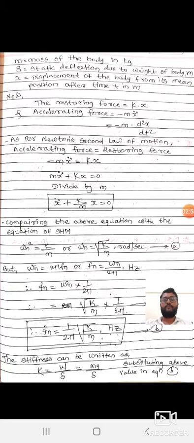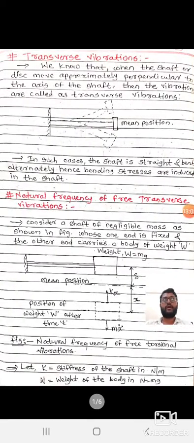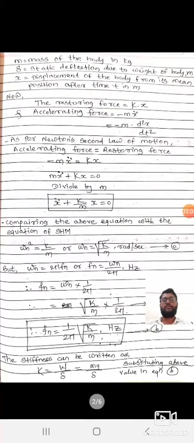The restoring force is k into x, and the accelerating force is minus m into x double dot, minus because it acts in the downward direction. Here x double dot is d square x upon dt square, the second derivative.